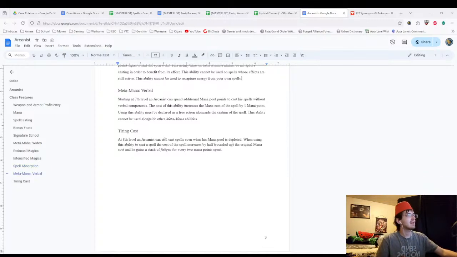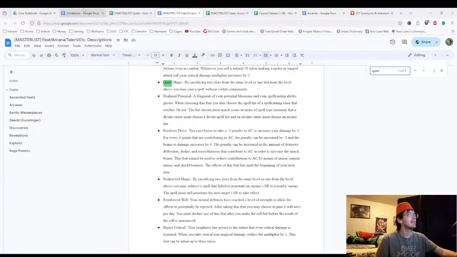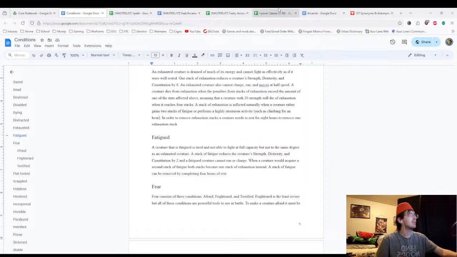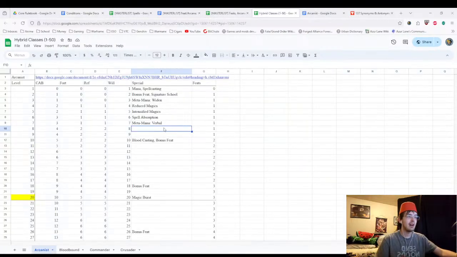So Tiring Cast. Basically, you can still do magic even when you run out of mana, but you're gonna get tired pretty quick. And since this is one of those classes that's probably going to dump all into wisdom, your physical stats probably aren't going to be overly high. And that didn't capitalize.